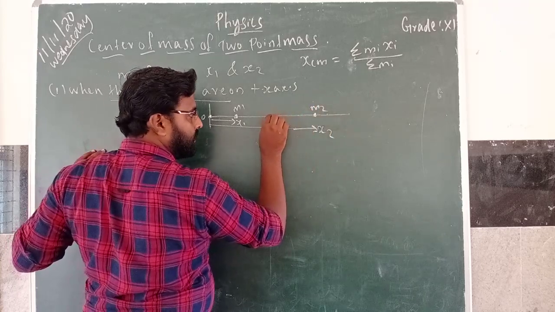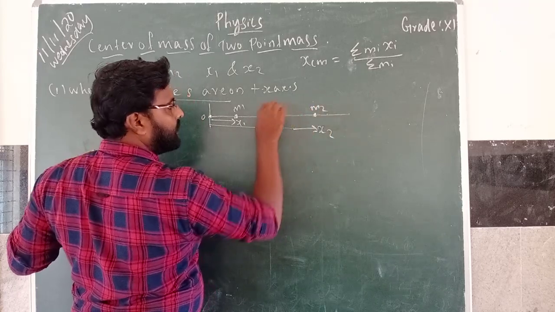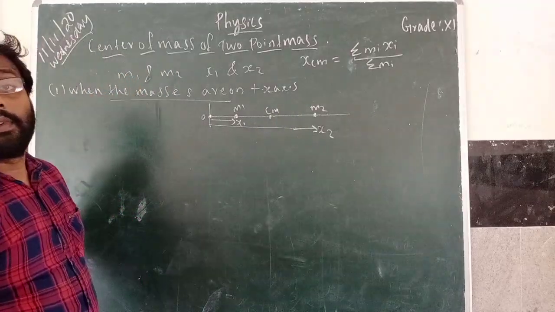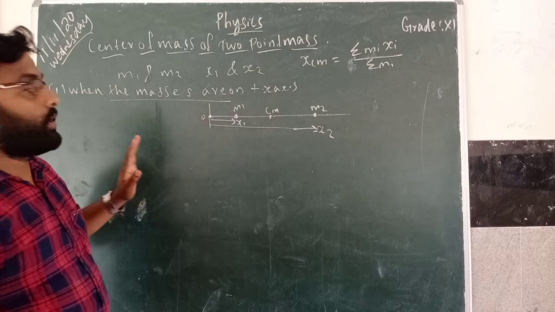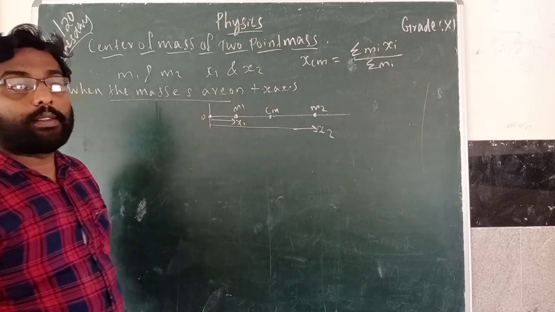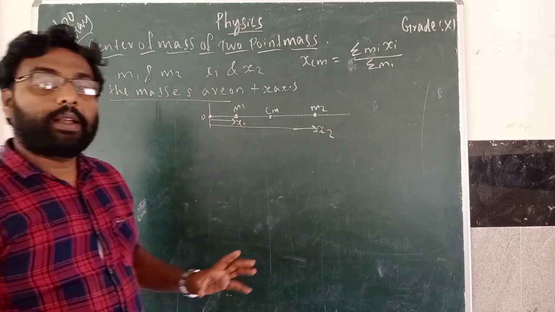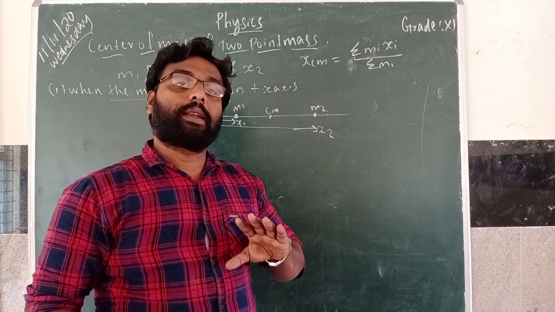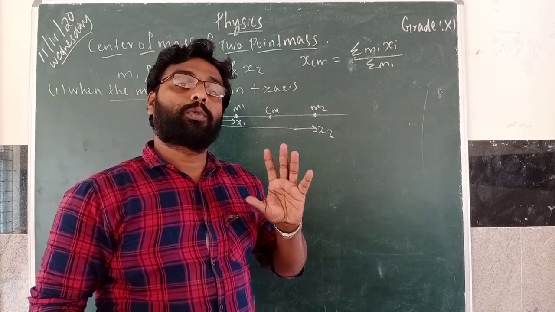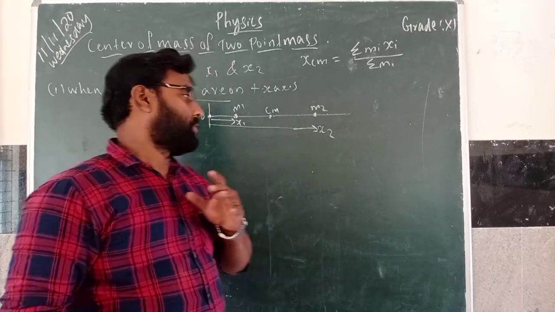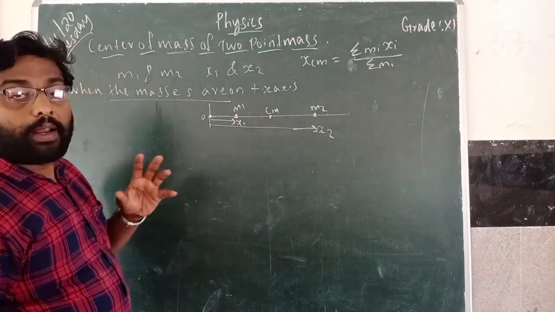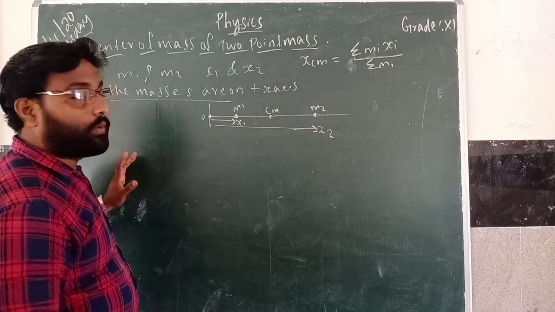Now you can find the center of mass for this. You are choosing an x coordinate system, and the particles m1 and m2 are kept at the positions x1 and x2. Now you can find the center of mass by using the formula.